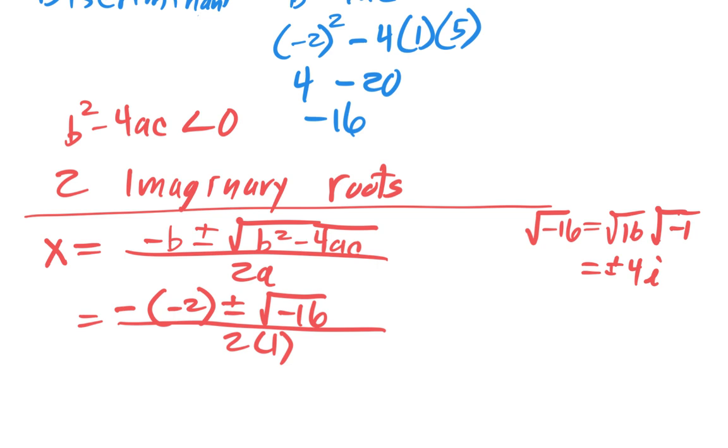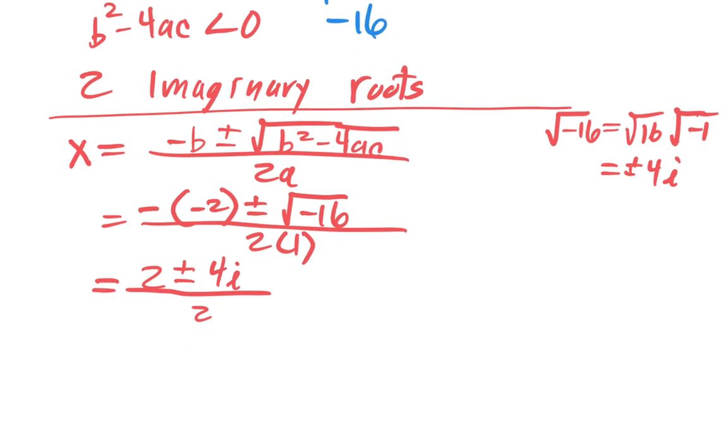Okay, so I am now looking at negative of negative 2. That's a positive 2 plus or minus 4i over 2. And that's going to leave me with what? I can just write that as 1 plus or minus 2i.